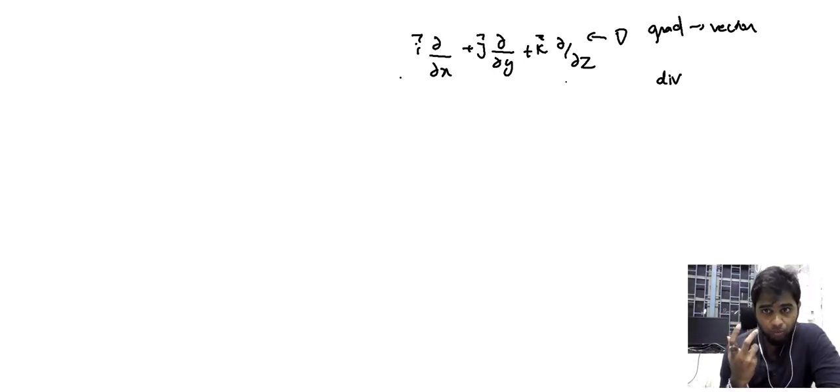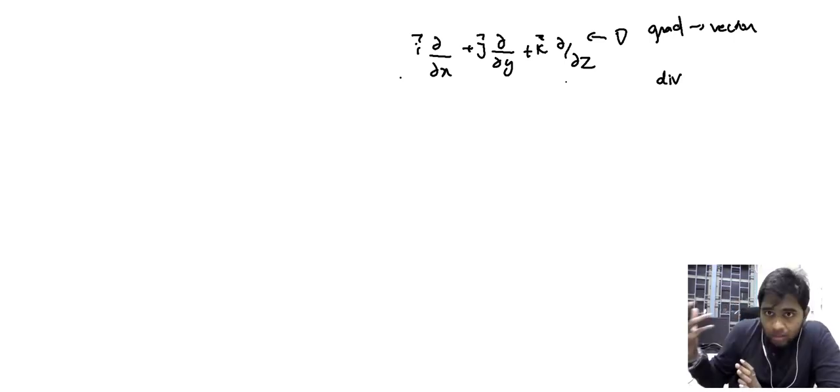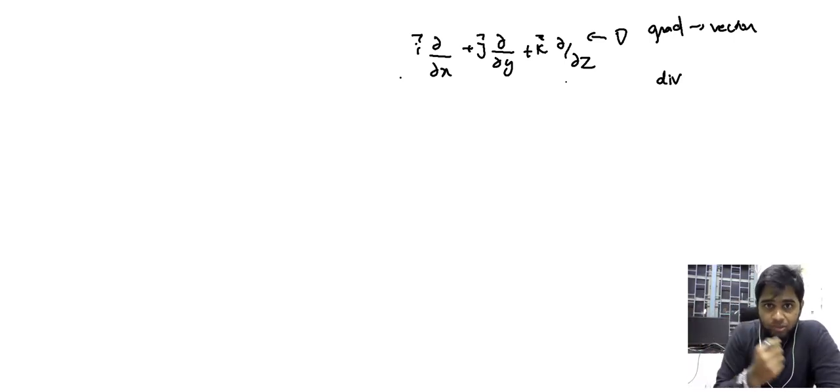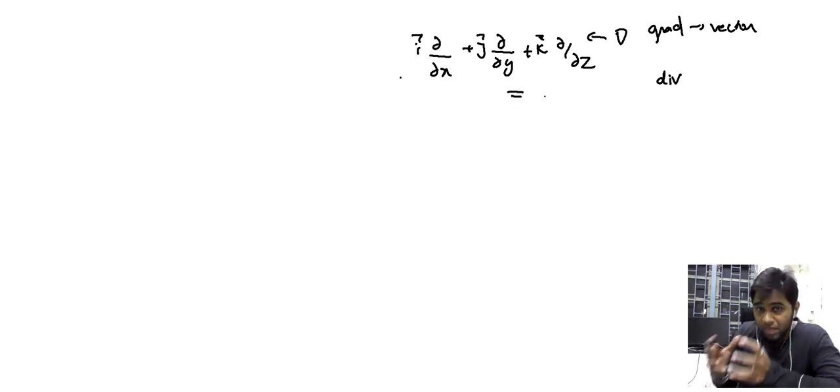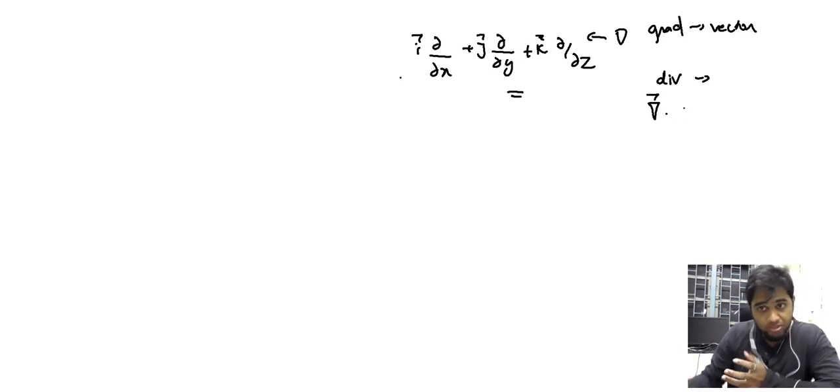So the divergence considers the dot product of the skeletal form, the nabla, with another vector.